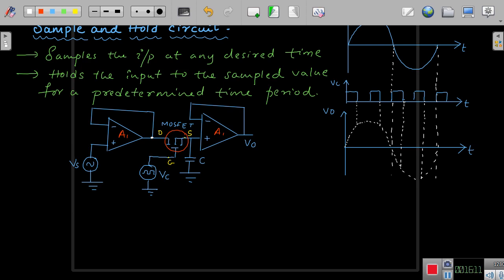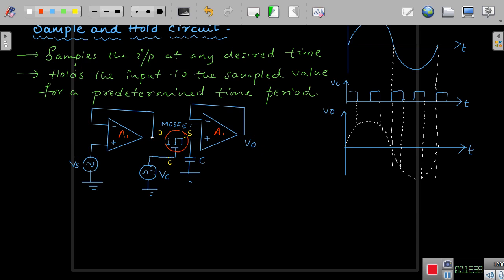You can easily understand the concept of the sample and hold circuit here. So this is the input Vs. Now as long as you apply a control voltage Vc here, your MOSFET starts conducting. So you have conduction between drain and source.